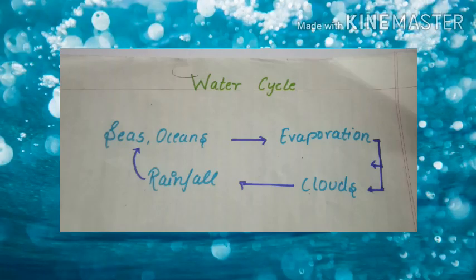Now, see another cycle, that is the water cycle. Water from the seas and oceans is evaporated by the sun and turns into clouds. These clouds become heavy with droplets of water, condensation takes place and rainfall takes place.